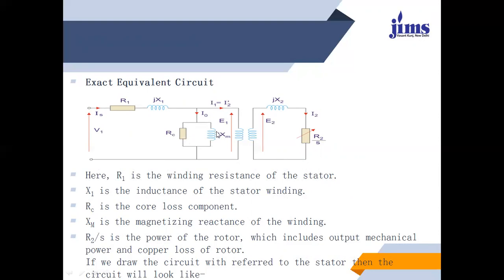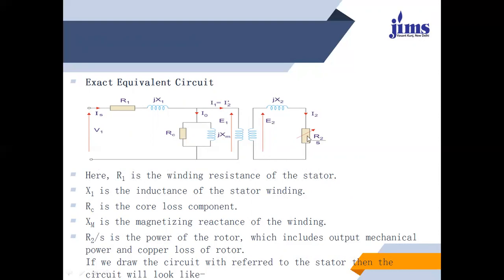Since the EMF will be the voltage, these are indicated in parallel format, while the resistances and reactances are shown in series format. There is a process of electromagnetic induction from the primary side towards the secondary side, or from the stator side towards the rotor side.